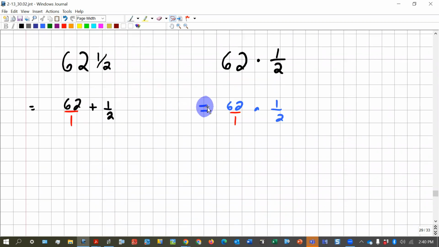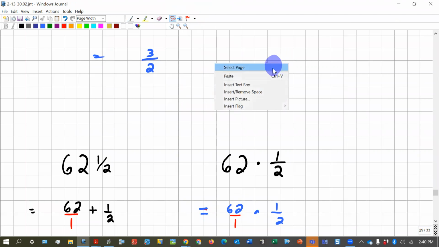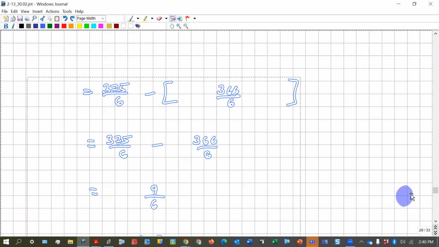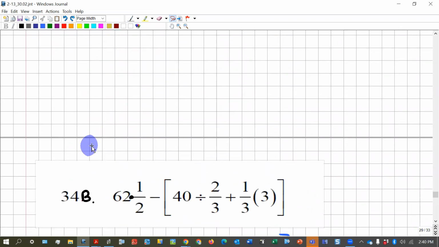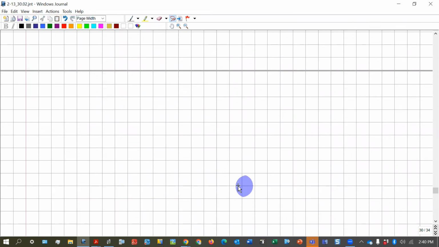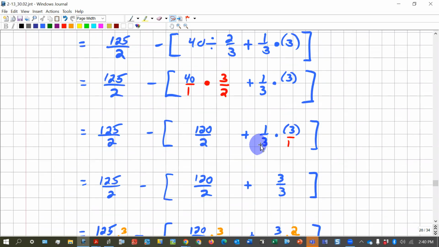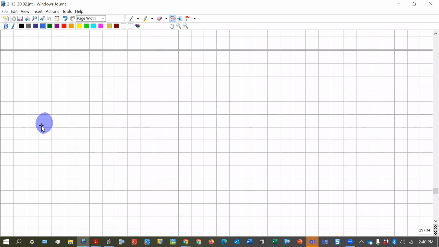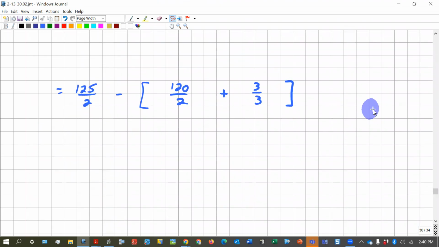This particular problem, once we were here, there were a couple of options. Three over 3 is of course just 1.